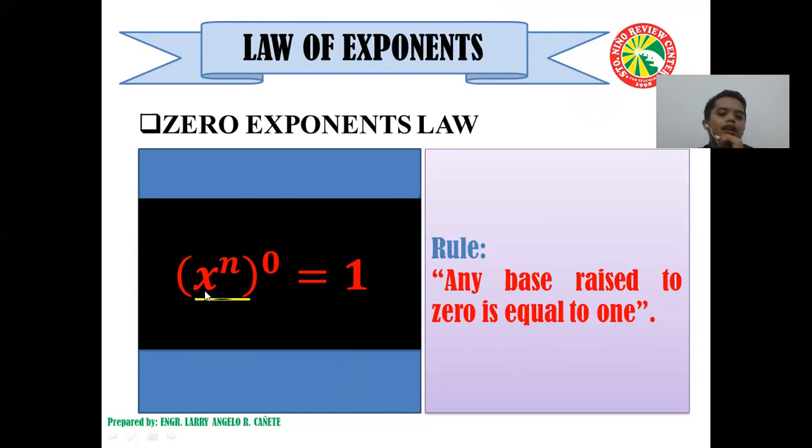So regardless of what quantity is inside the parentheses, as long as it is enclosed entirely by exponent 0, the result must always be 1.